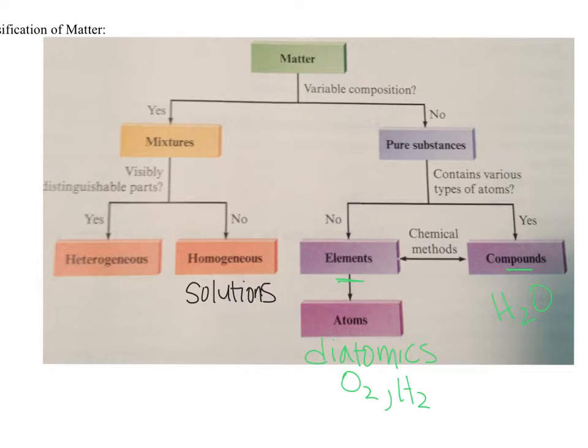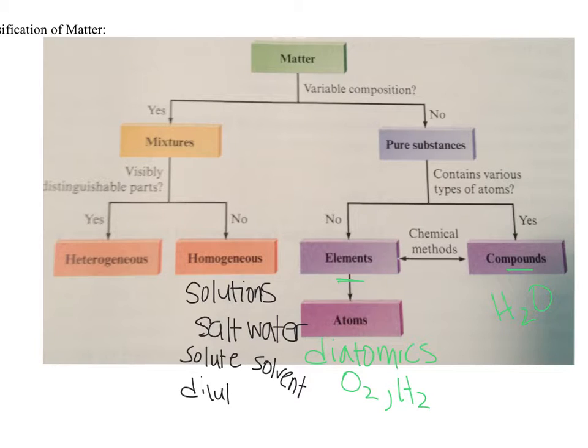When he mentioned NaCl, like salt water, that's what we're talking about. Anything that has a solute and a, what's the other thing called? Solvent, right? Or anything that is diluted also counts.